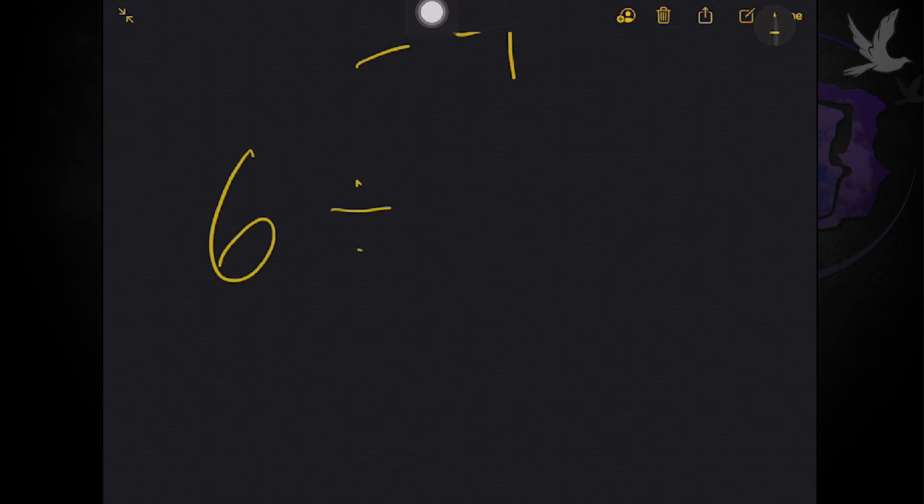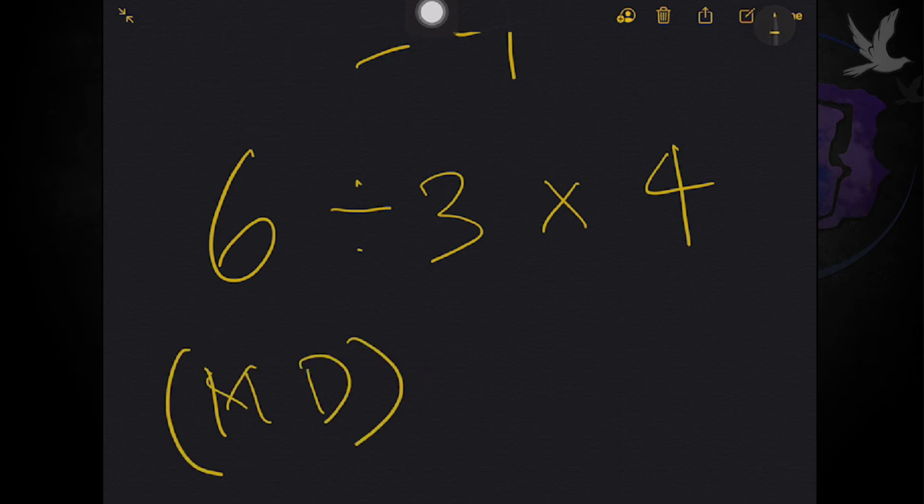6 divided by 3 times, let's say, 4. Okay? So in this case, you have to deal with multiplication and division again. Okay. M and D, ang second group natin. If you notice, we don't have any grouping here. So, all you have to deal with first is whichever comes first. Since multiplication and division fall under the same group.